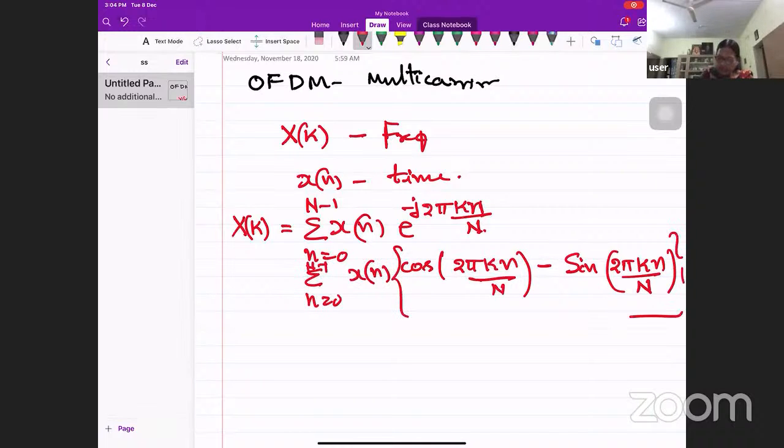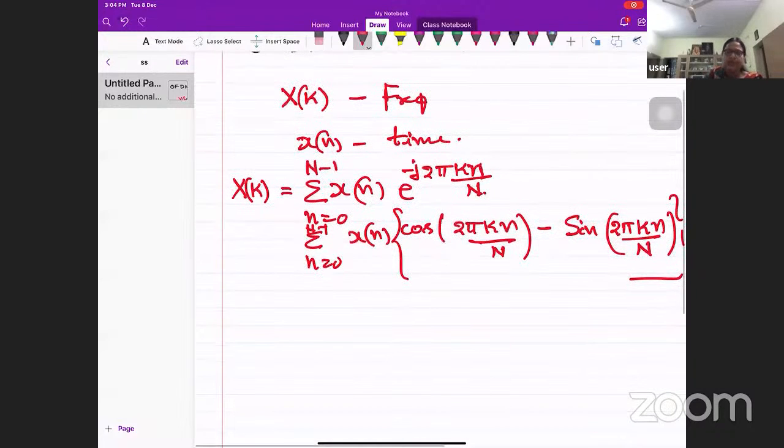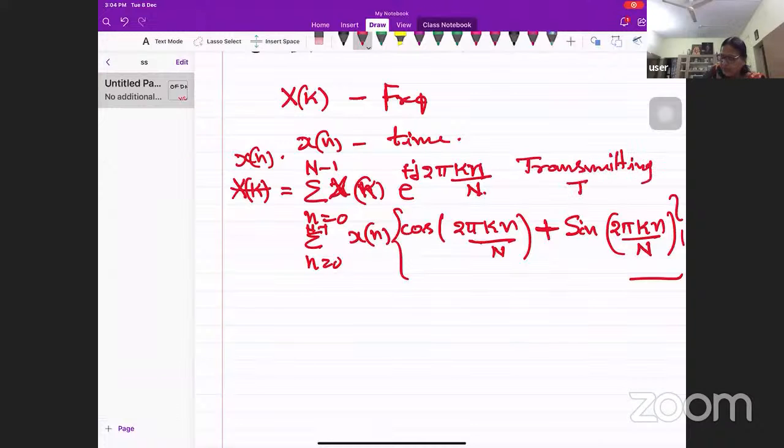When I am using these kinds of equations, the major drawback in OFDM is that for IFFT I use plus, with k and small x of n. This is my transmitting side, my transmitter, TX.